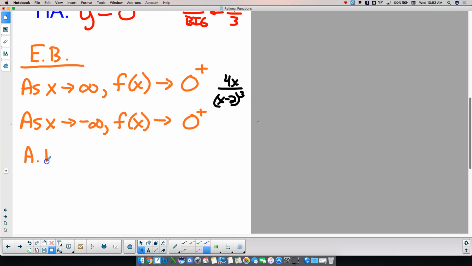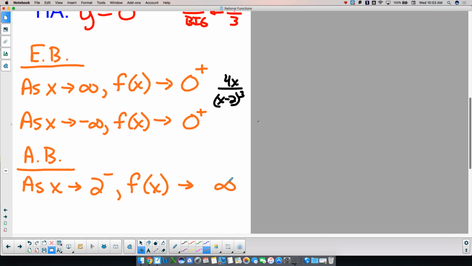Asymptotal behavior. As x approaches 2 from the left, my function is going to infinity. I just have to figure out which one. As x is going to 2 from the right, my function is going to one of the infinities.